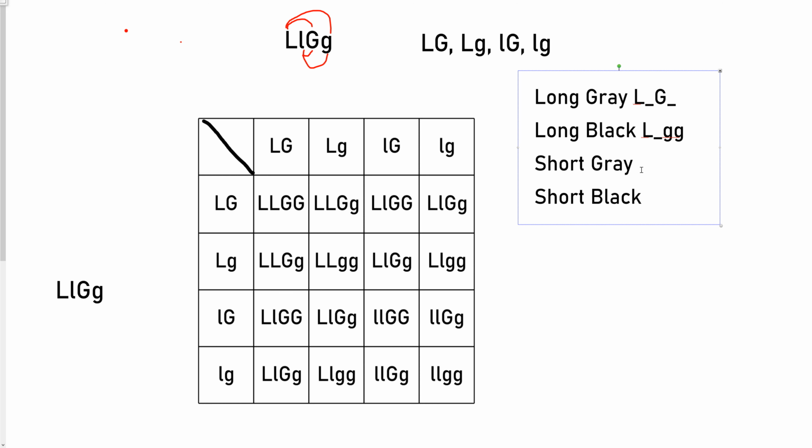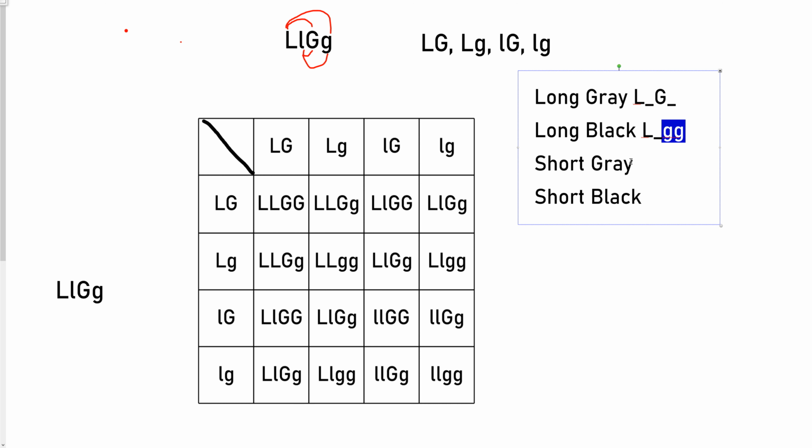Remember, for a recessive trait, the only way to have that trait show up is if you have 2 recessive alleles. It's weaker, so the only way for it to show up is to have 2 of the recessive genes.